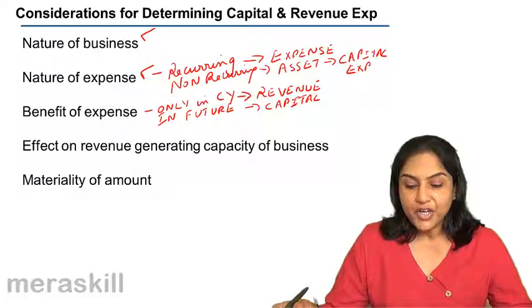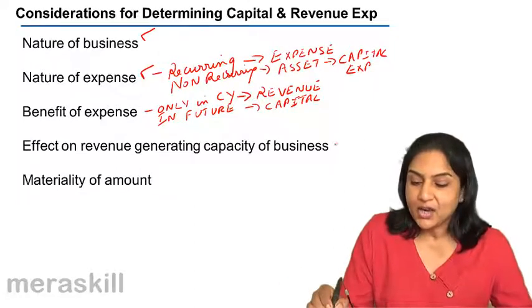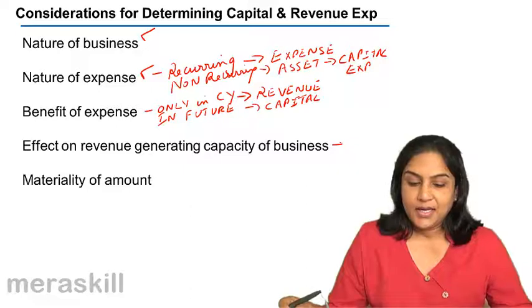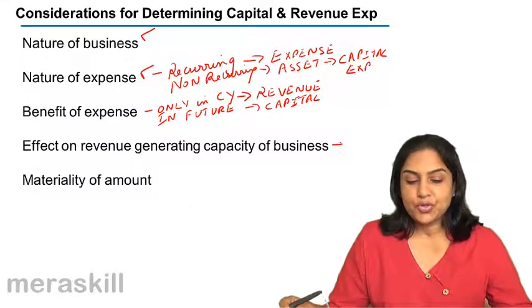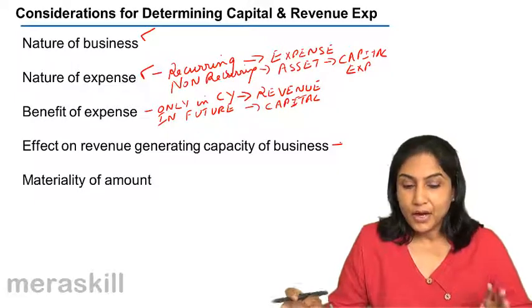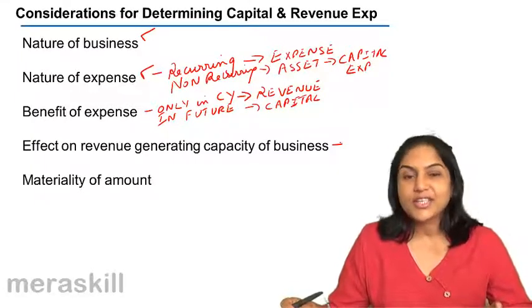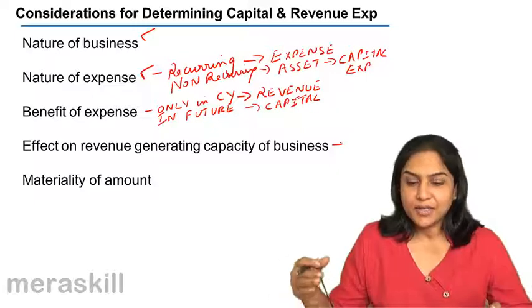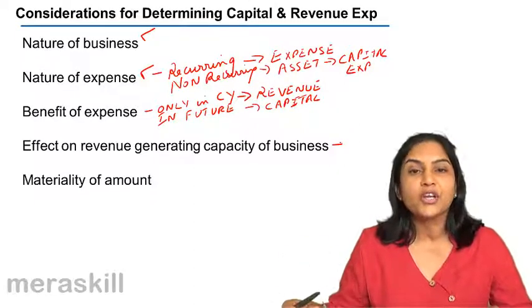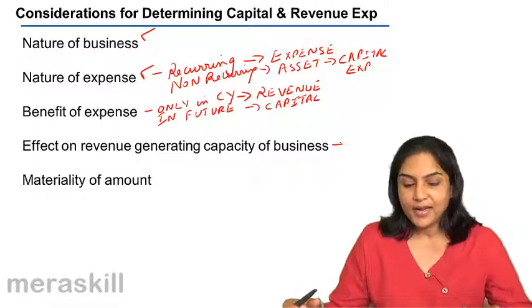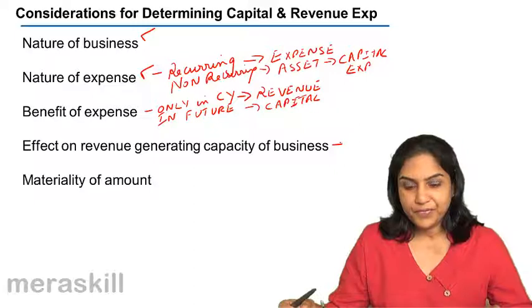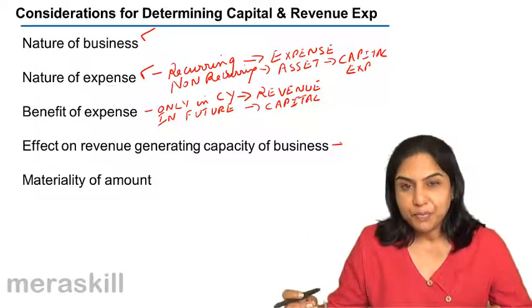Effect on the revenue generating capacity of the business. Suppose we repair a machinery such that the repair work is of such nature, there is so much overhauling of this old machinery that its productivity has improved.